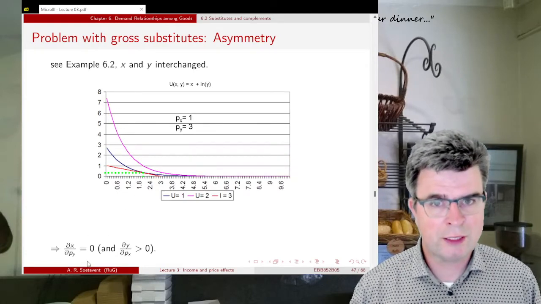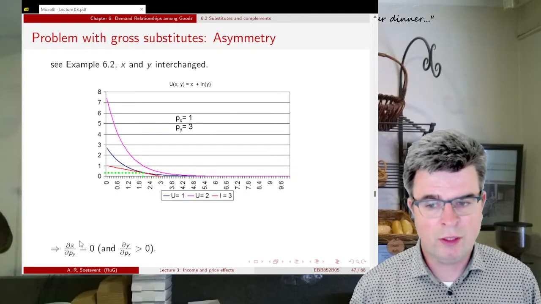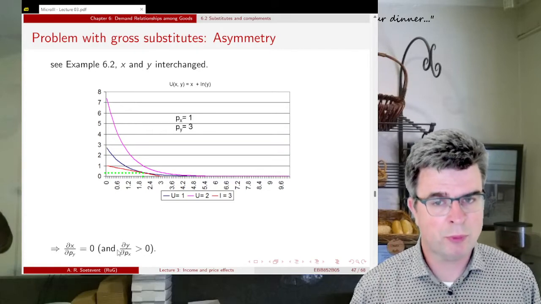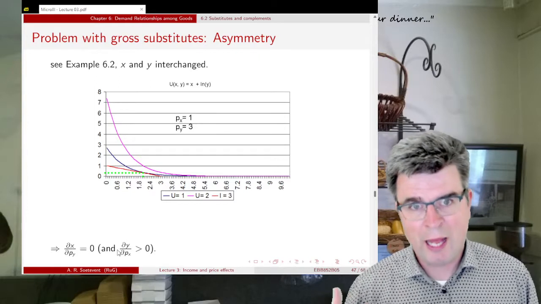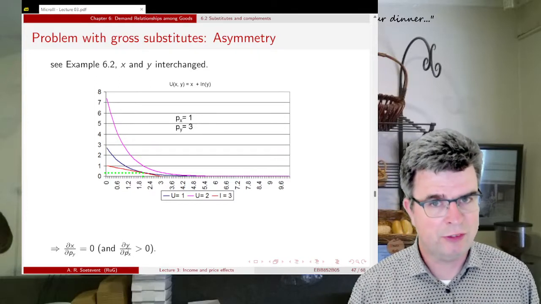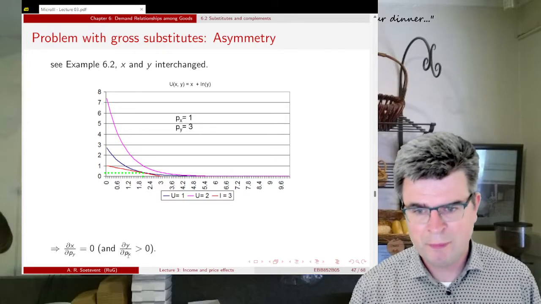So the cross price derivative of the price of good Y on the consumption of good X is 0. While at the same time, if we would increase the price of good X, our consumption of good Y would increase. You can check it yourself.